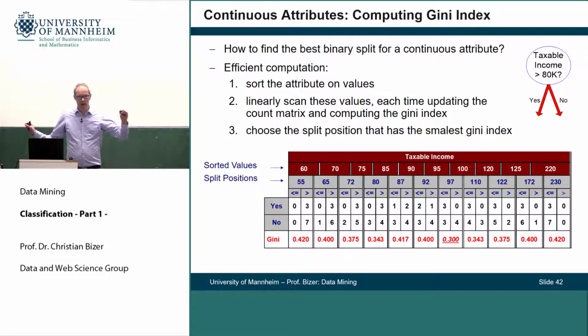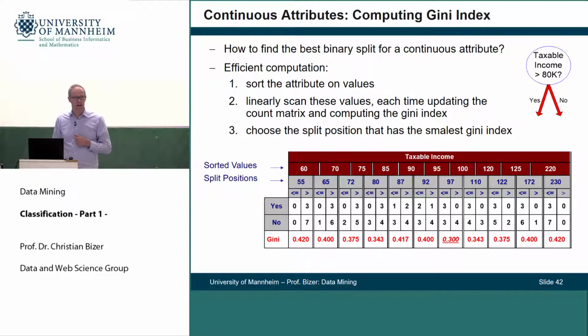We take all existing values in the data set, in the training set, so all income values, and we sort them by their value. So income 60,000, 70,000, 75, 80,000, and so on. So all the values that we find in the data set. Then we put boundaries in the middle between all existing values. So between 60 and 70, we put 65 as potential splitting boundary.